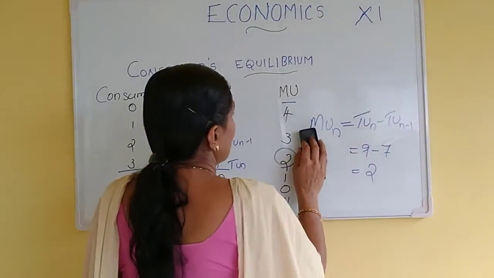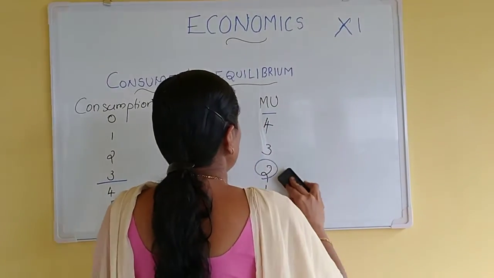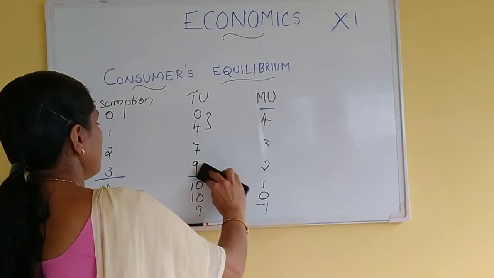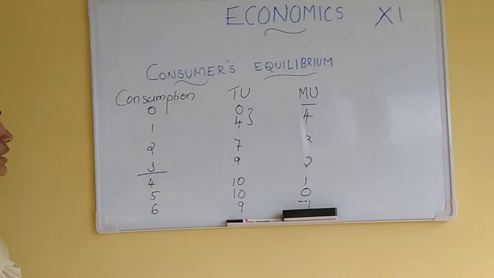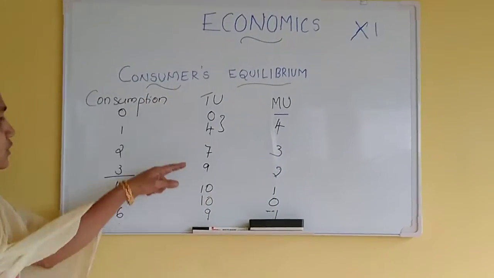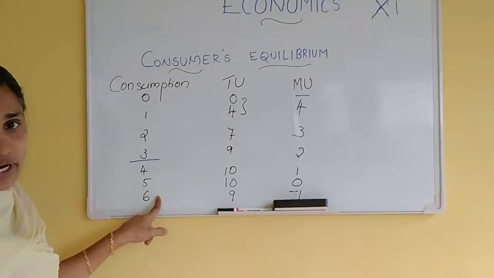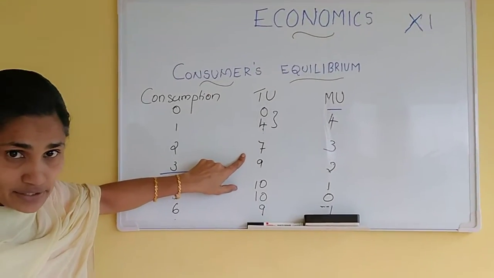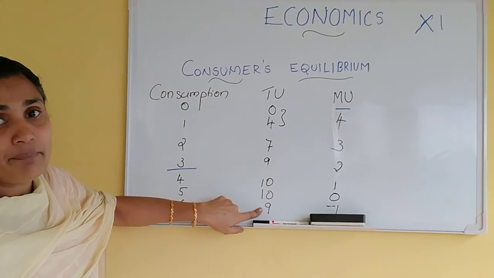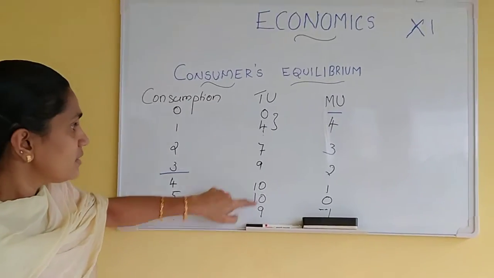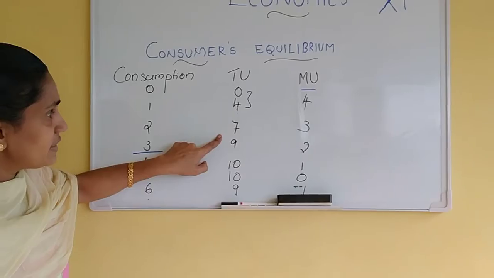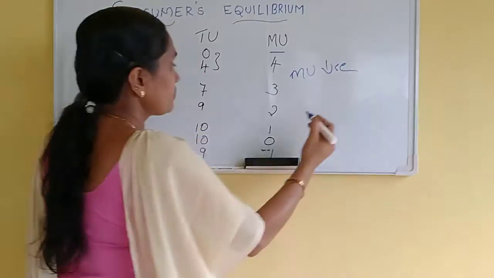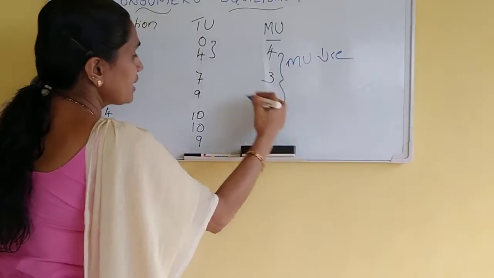Again we can see the relation between MU and TU. I told you, when we consume more and more of a particular commodity, total utility increases first at a decreasing rate, then it becomes constant, then it falls or decreases. What about MU? When TU increases, MU decreases. MU is decreasing.